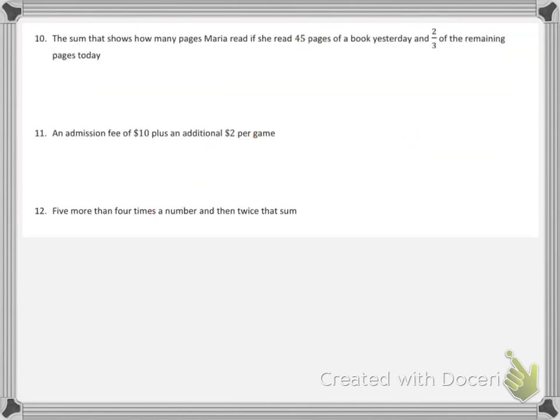Number 10, the sum that shows how many pages Maria read if she read 45 pages of a book yesterday and 2/3 of the remaining pages today. I don't know how many pages are in the book, so that's going to be my variable. I'm going to say that's x.